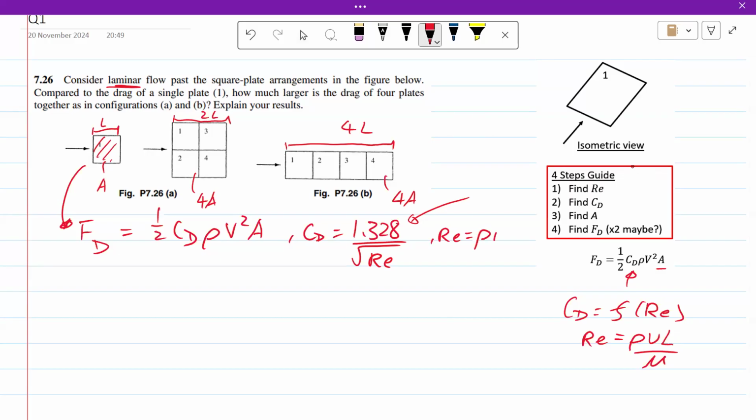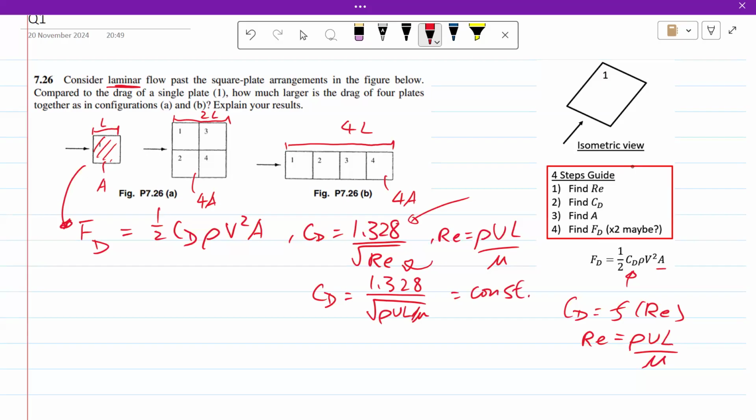RE is equal to rho UL divided by mu. So sub the Reynolds number in, you're going to have your CD equals 1.328 divided by square root of rho UL divided by mu. We can't quite calculate it, so we're just going to call it a constant.